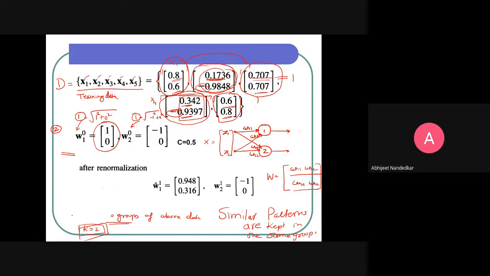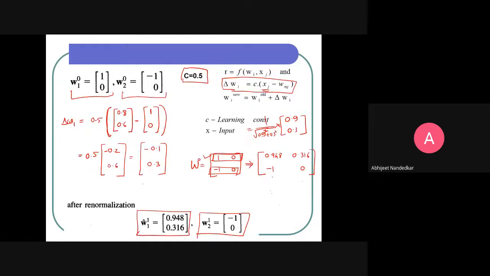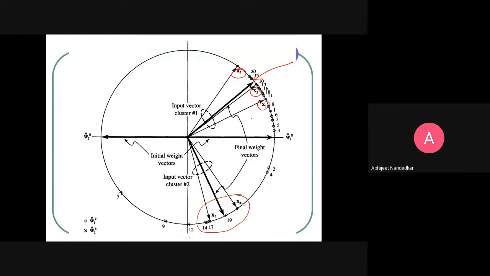Okay, so after iterating over a period of time, these groups are formed, and you can check that the mean, or the average value, of x2 and x4 is this vector, which is the weight of neuron 2, and the mean value of x3, x5 and x1 is represented here as the weight of neuron 1. Okay, that is what I said at the beginning.